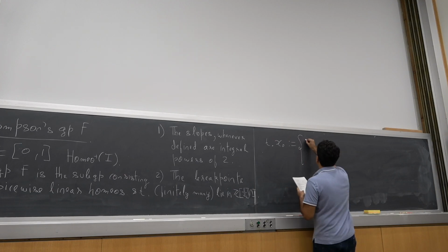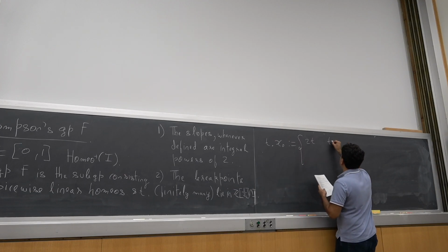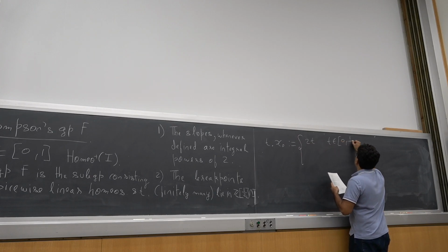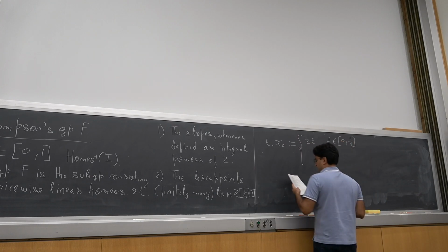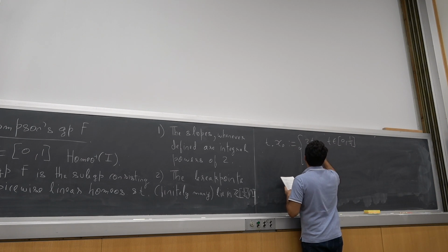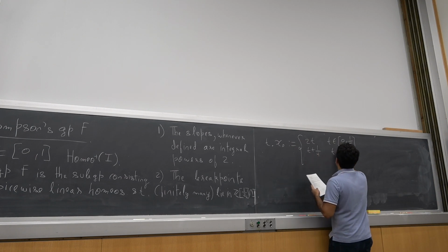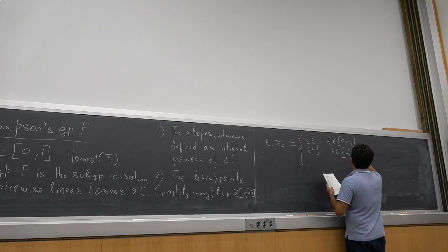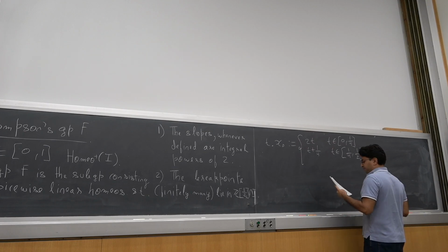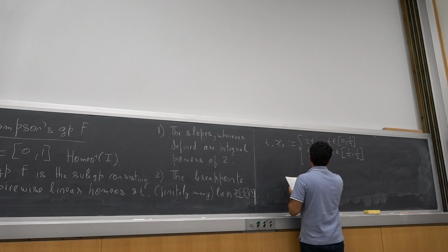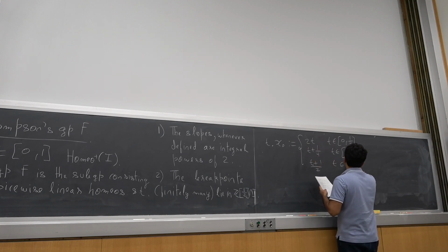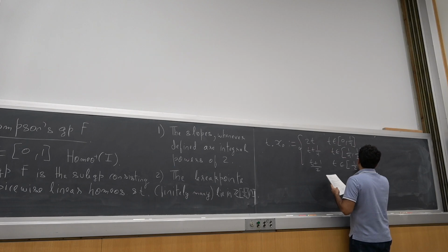This is 2t if t is in the interval [0, 1/4], it's t plus 1/4 if t is in [1/4, 1/2], and t plus 1/2 if t lies in [1/2, 1].